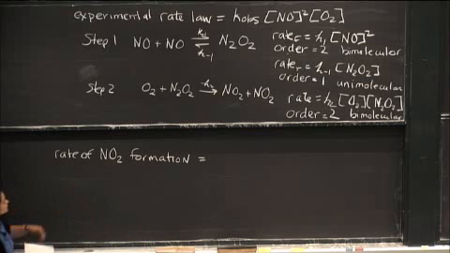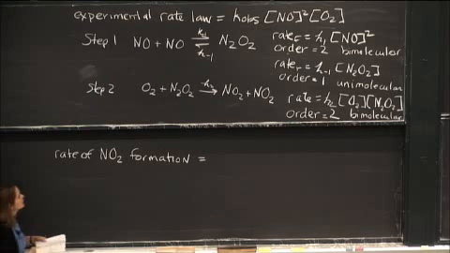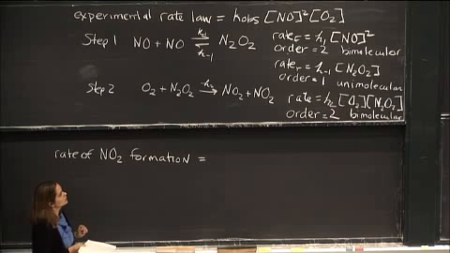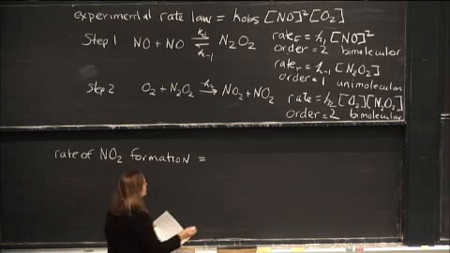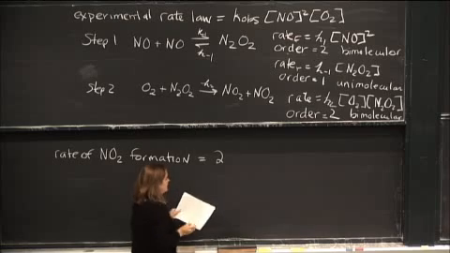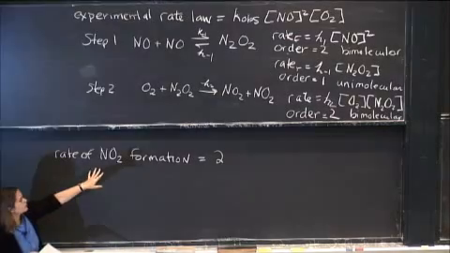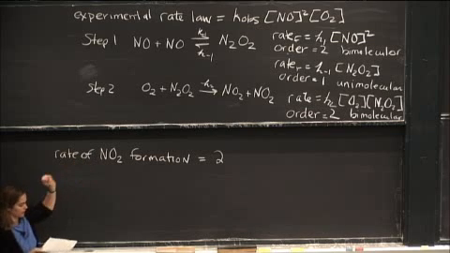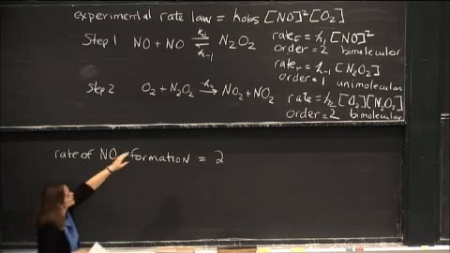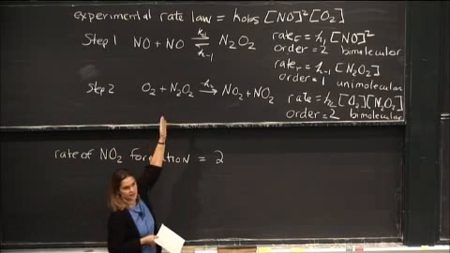So in the last step, we're forming NO2, and we can just use that last step to write this out. We're forming 2 molecules of NO2. So we're going to put a 2 in there because the concentration of this will increase twice as much as will decrease this amount.